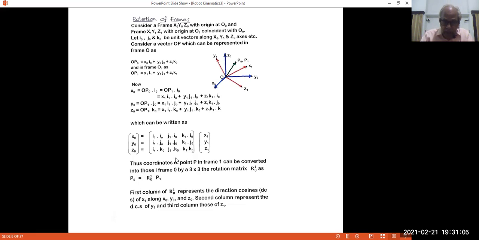So we write this as P0 is equal to R10 P1. R10 is that rotation matrix that relates frames 1 and 0, that maps a point in frame 1 to its coordinates in frame 0.